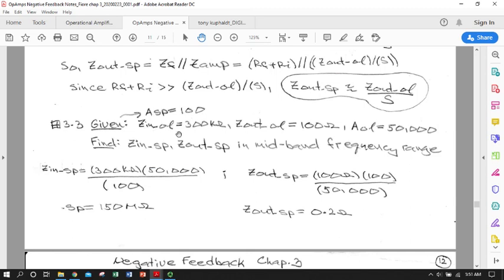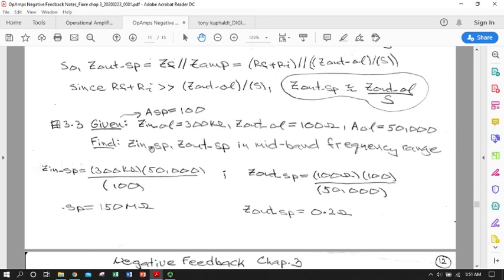And we're reading off the spec sheet. We have an open loop input impedance of 300,000 ohms, or 300 kilo ohms. We've got an output impedance of 100, so that's typical. Look, this is high and that's low. And we have an open loop gain of 50,000. So we've seen those kind of numbers before.